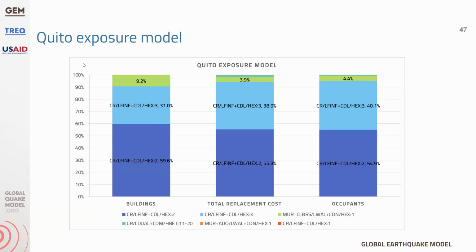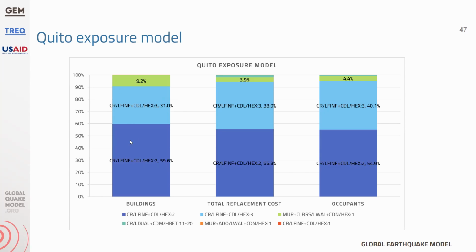And how is this exposure model composed? Basically, in terms of buildings, almost 60% of the buildings are masonry panels confined by small concrete elements with a limited level of ductility, let's say low seismic provisions, and most of them are 2 stories high, 3 stories high.